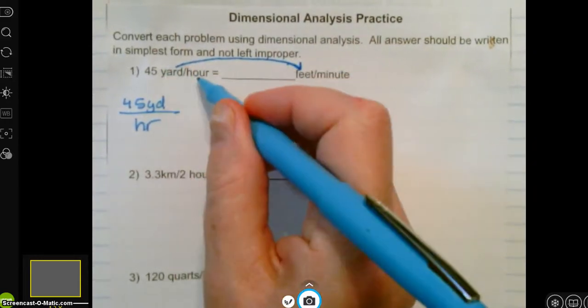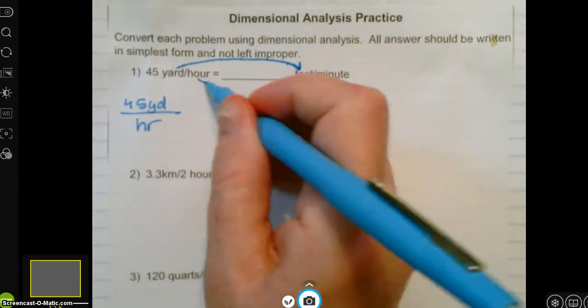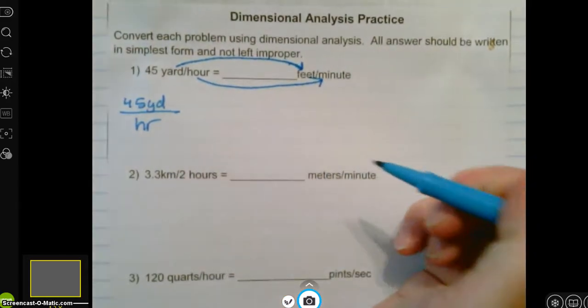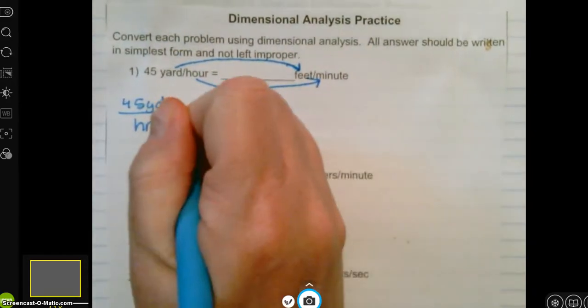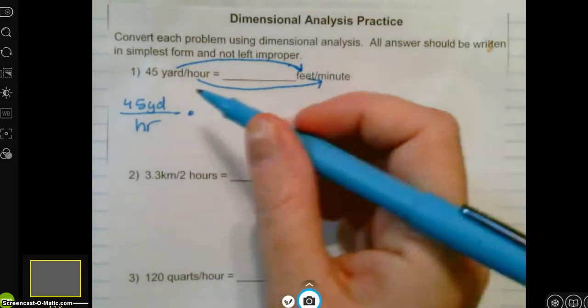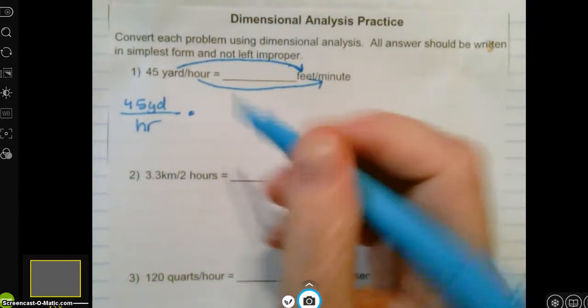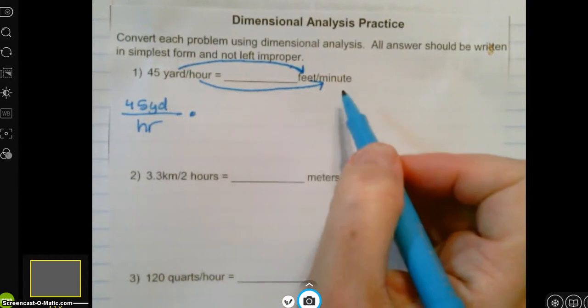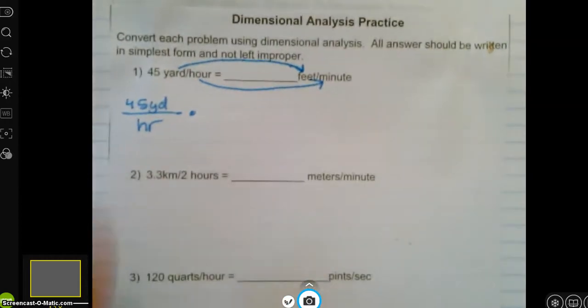Yards converts to feet, hours converts to minutes, okay? So you should not have something up here like yards to minute. That doesn't make sense. You cannot change a distance into time, okay? You can change distance into distance and time into time, okay?